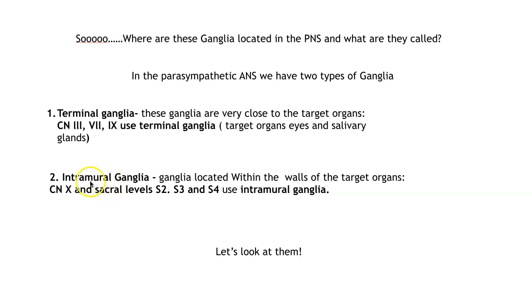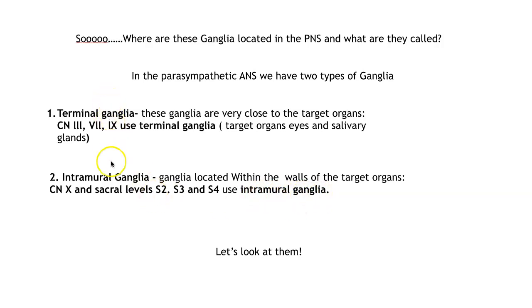Intramural ganglia. These ganglia are located within the walls of the target organs. Who uses intramural ganglia? Cranial nerve 10, vagus, and the sacral level S2, S3, and S4. They are also going to be synapsing in these intramural ganglia.